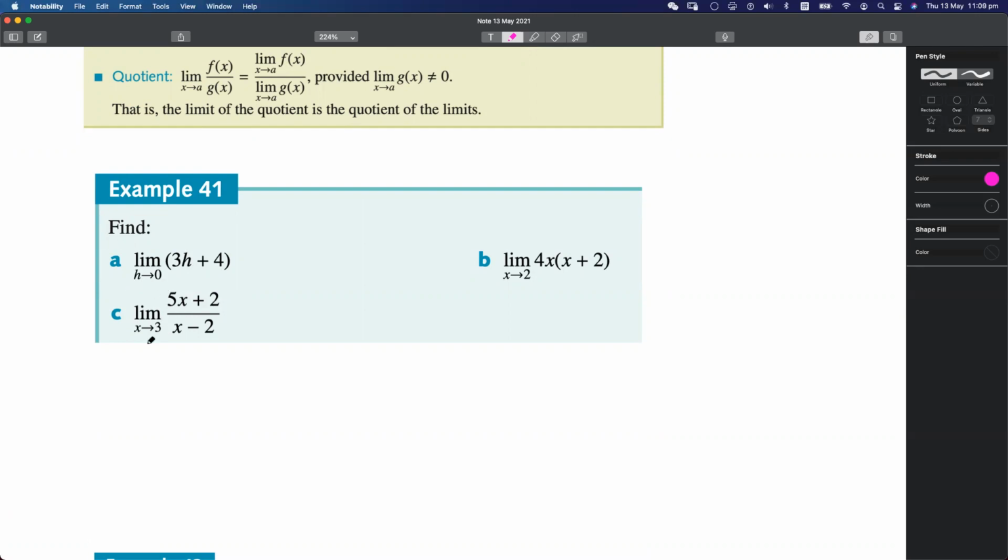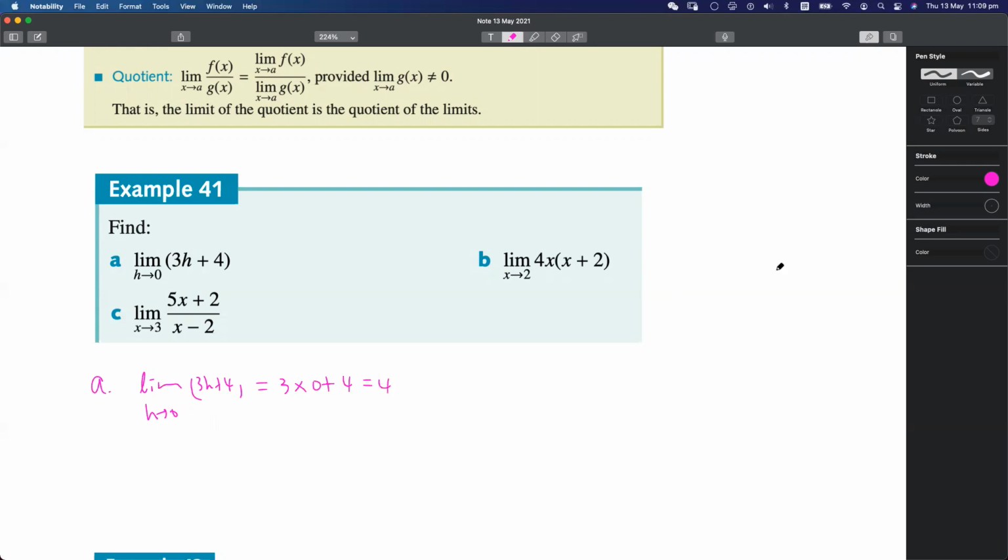If it's not, just put it in and you get the answer straight away. So like the first one, we put h equal to 0 into this expression. 3 times 0 plus 4 gives us 4. So there's no problem at all. So 3h plus 4 is just going to be 3 times 0 plus 4, which is equal to 4.